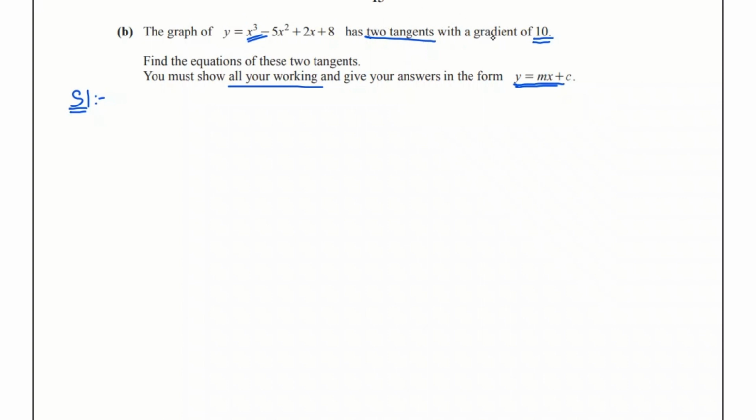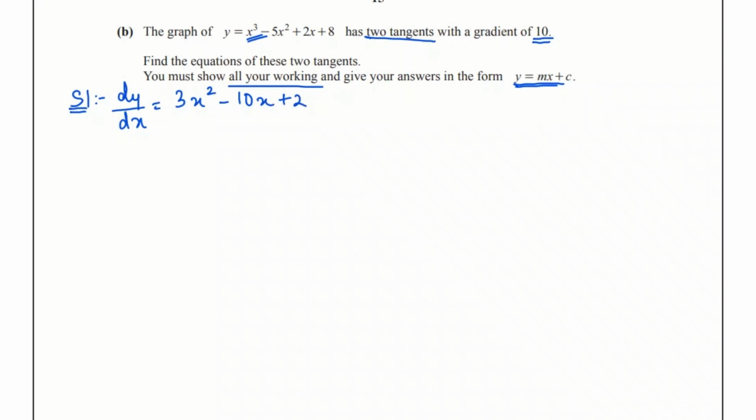Then a derivative is a gradient, that will become 10, and then from that we will find out the value of m, c, and then we will substitute it in the standard equation. So the first equation is derivatives, so we'll take the derivative of the equation. So it becomes 3x square minus 5 2s are 10x plus 2.